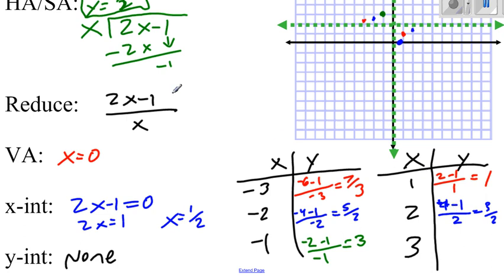And last, let's plug in 3. 2 times 3 is 6 minus 1 over 3, 5/3, which would be 1 2/3.